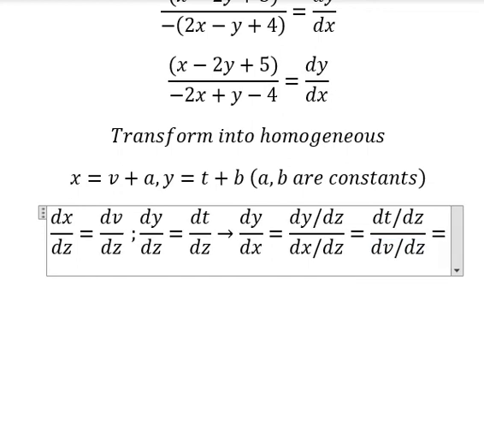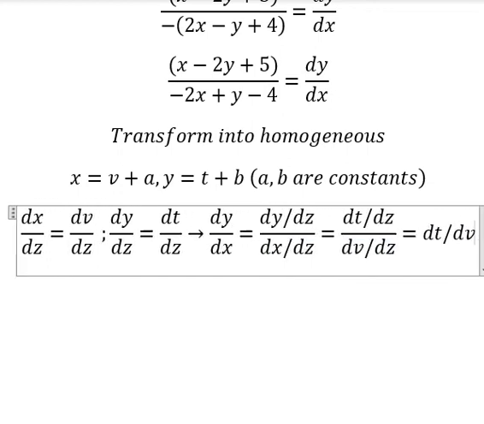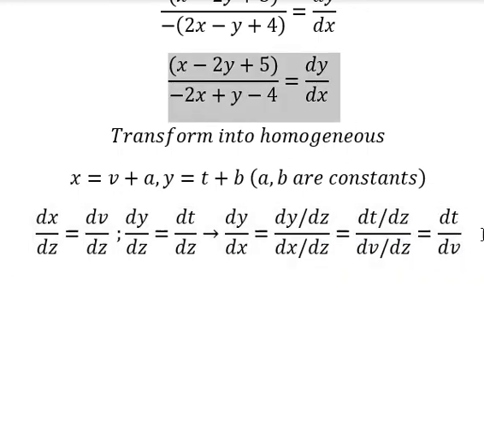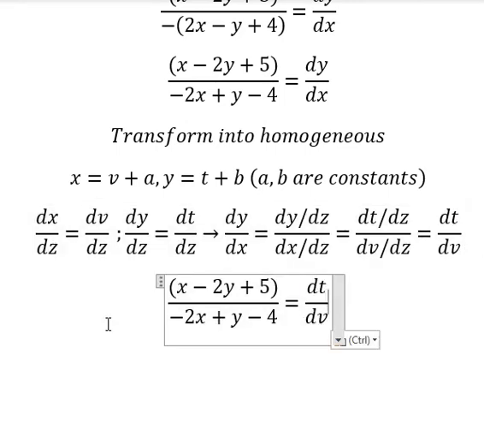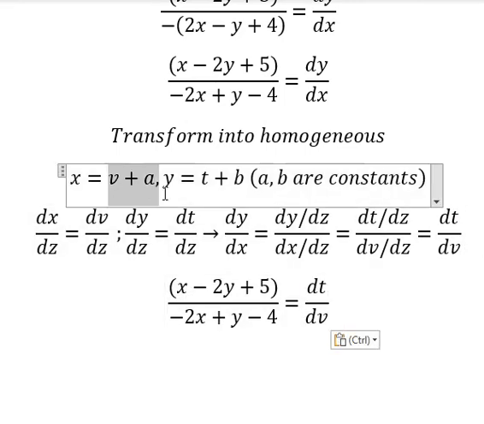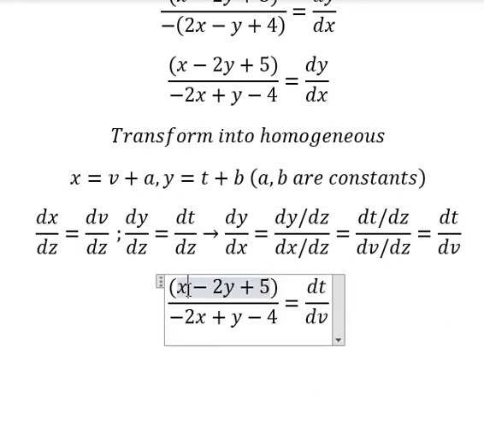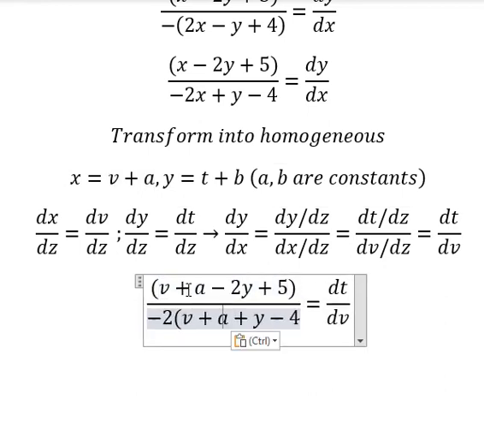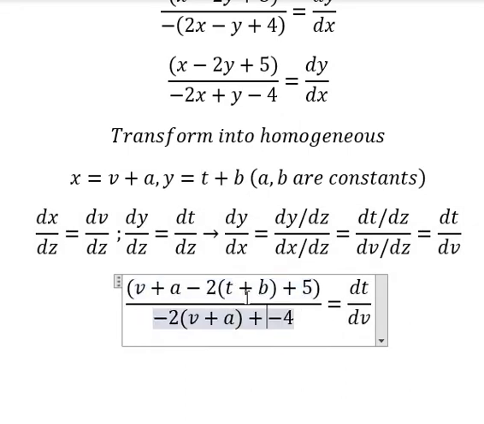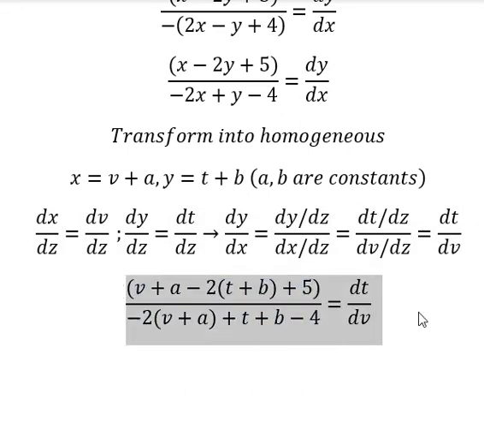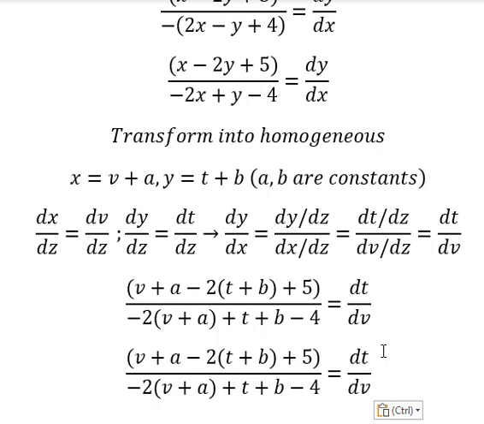And now we got dt over dv. So I will put this one going here. S we change by this one. Y we change by this one. Now we need to expand.